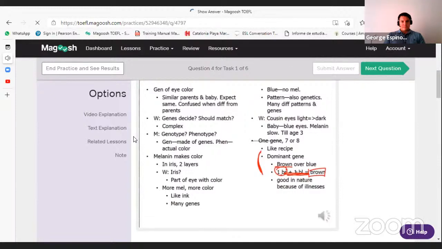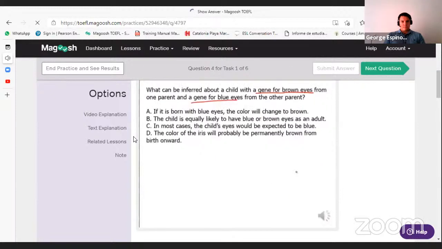Now, if we look for that in our answer choices, we try to find that the brown eyes are dominant and the child will have brown eyes. We don't find it, not immediately. A, if it is born with blue eyes, the color will change to brown. This is tricky. If it's born with blue eyes, well, we said that a brown-eyed parent will create a brown-eyed baby, so the baby won't be born with blue eyes, right? But here we have it will change to brown, so the child will have brown eyes eventually.